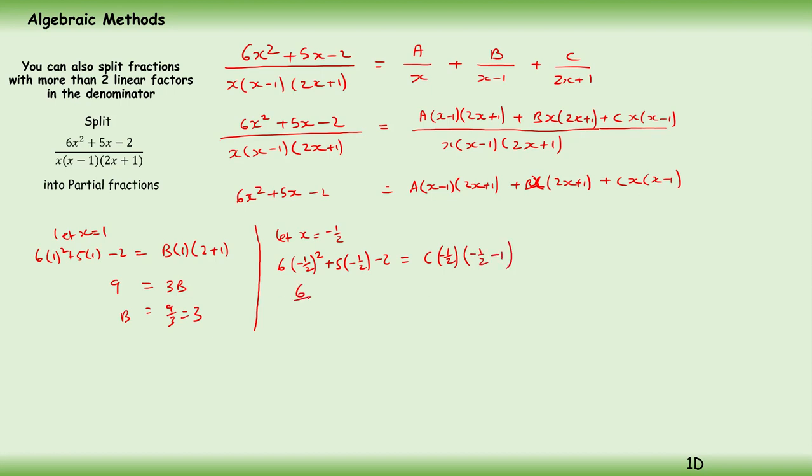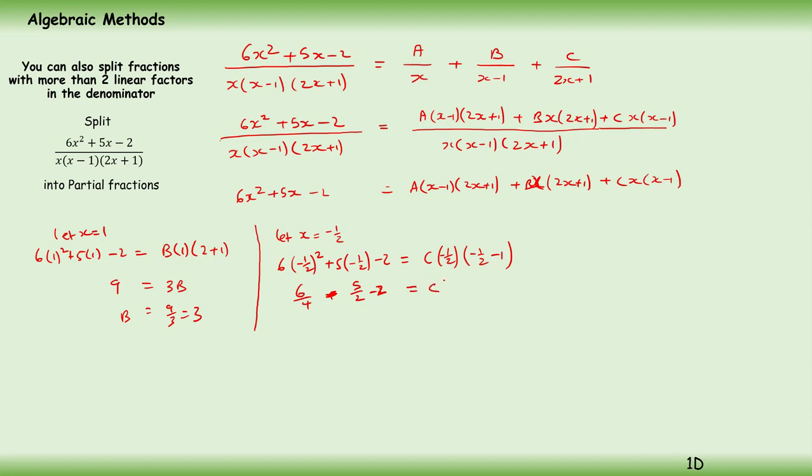So that's 6 over 4 minus 5 over 2 minus 2 is equal to c times minus a half. I tell you what, let's write it in full.